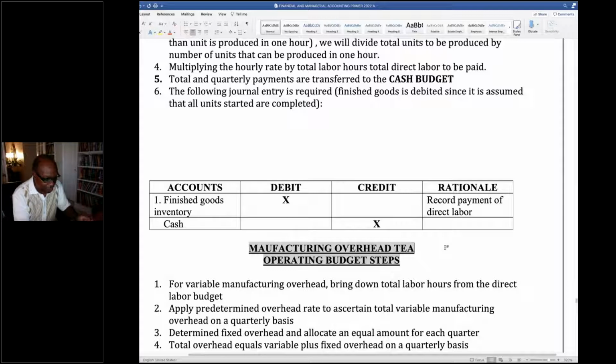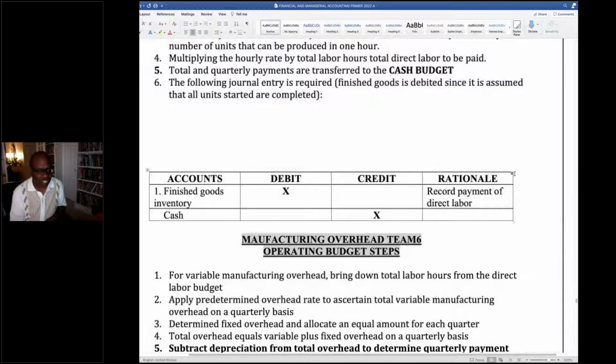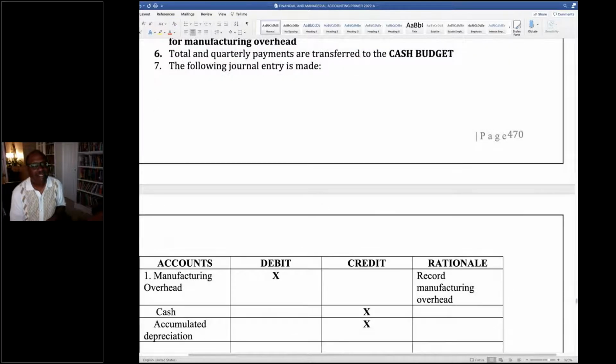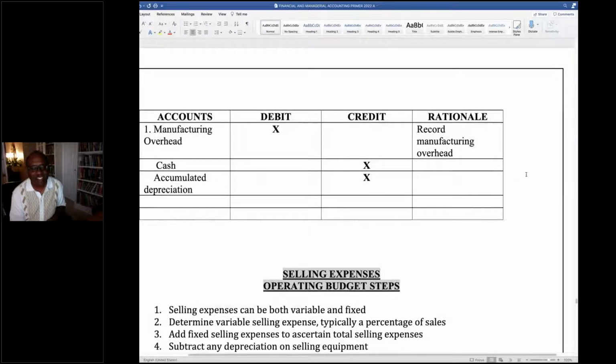Powell, did you get my note? Did you get my email? Oh yeah, okay, good. Which one does Team 4 have?